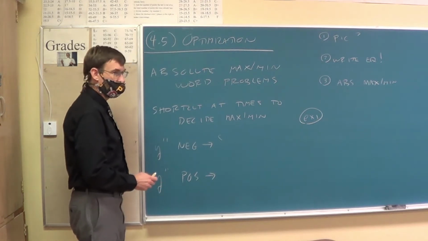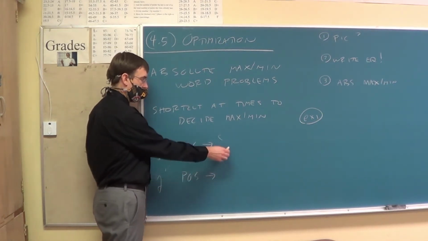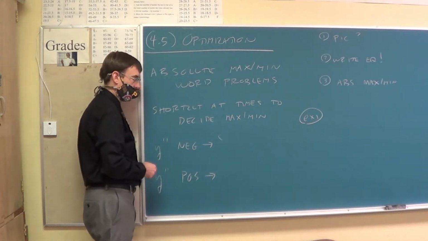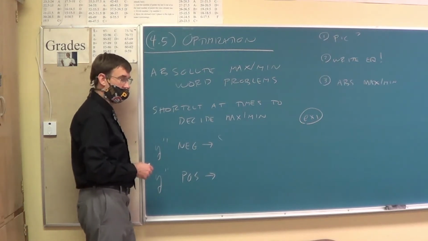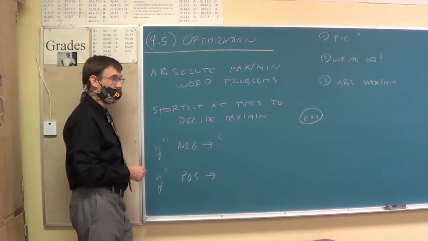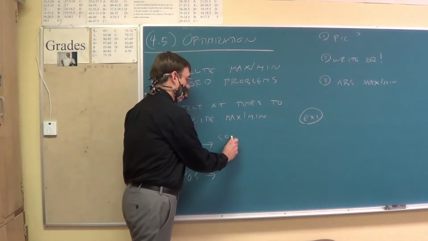We were doing increase, decrease from the first derivative. And what did the second derivative do for us on graphing? Concave down. Concave down is the word we were looking for.